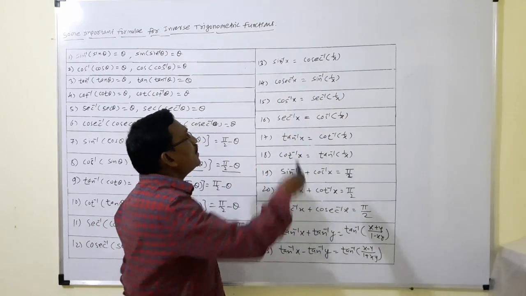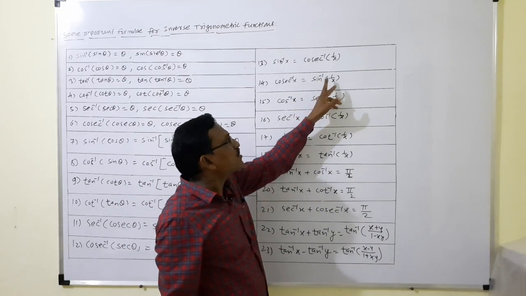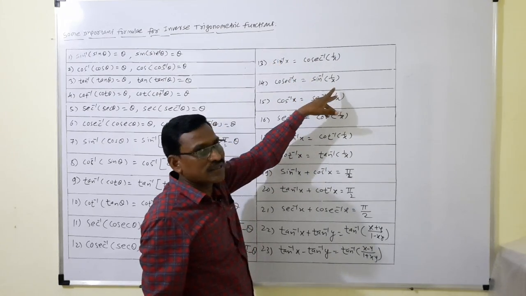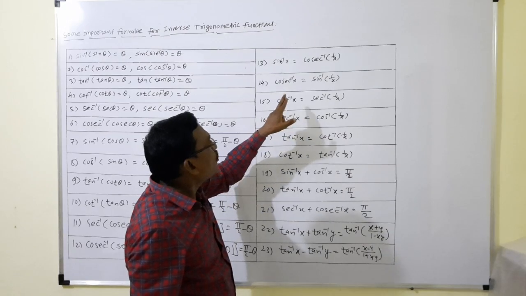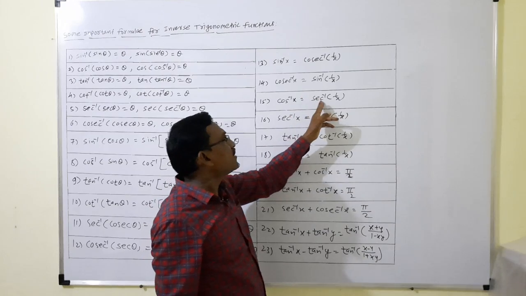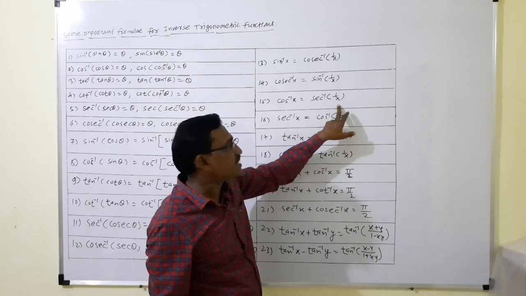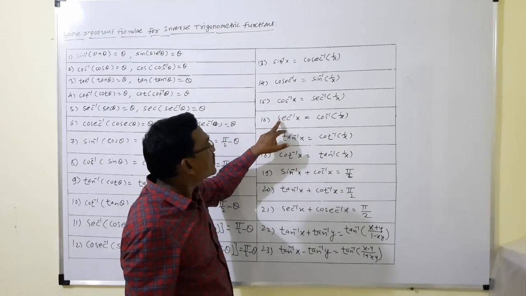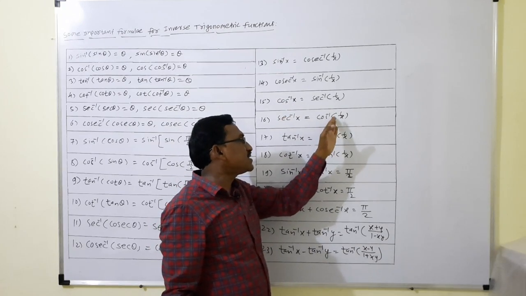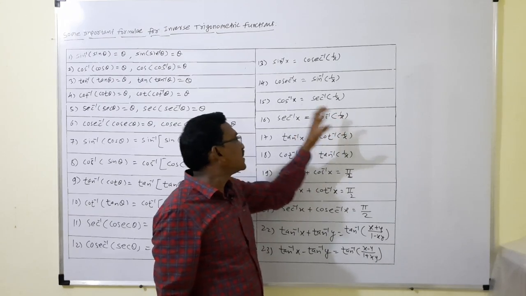Same way, reciprocal of cosec inverse x is sine inverse of 1 by x, because reciprocal of sine is cosec, that's why it is 1 by x. Same way, cos inverse x, its reciprocal is sec inverse, and take the reciprocal of the angle of cos, it is 1 by x. Same way, the next, sec inverse x, its reciprocal is again cos inverse, and take the reciprocal of x, it is 1 by x.